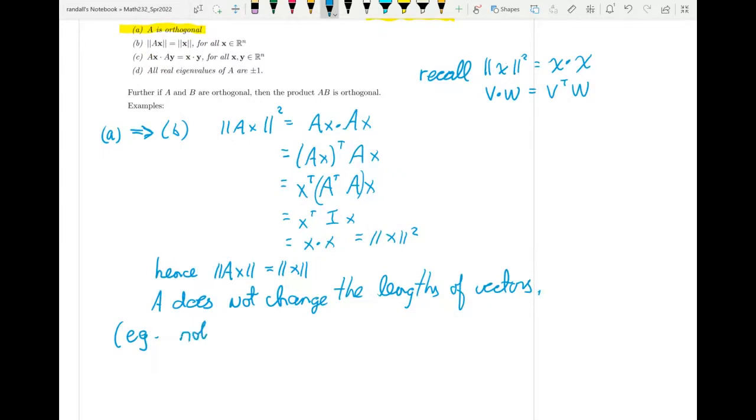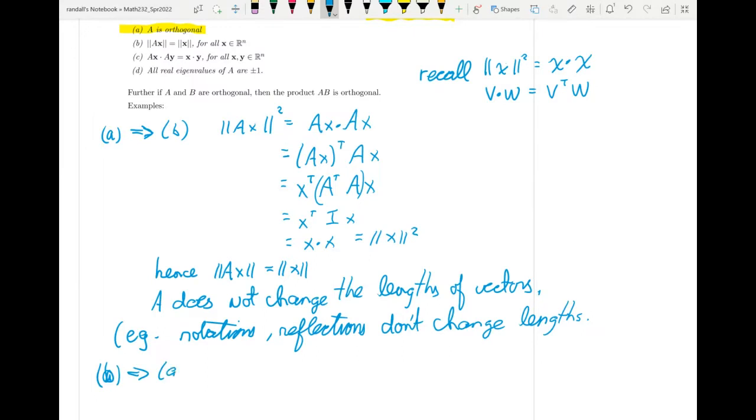For example, rotations and reflections don't change lengths. And actually, these are equivalent: B implies A also. And therefore, these are orthogonal transformations.